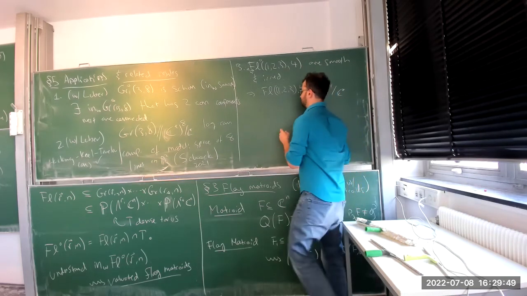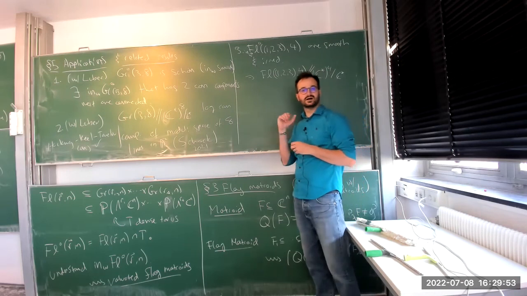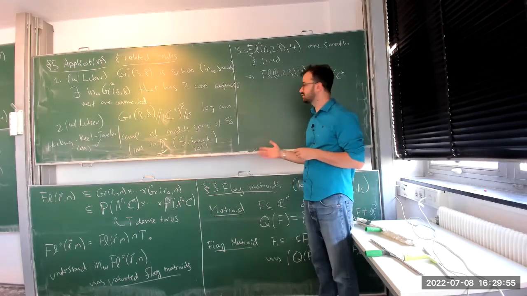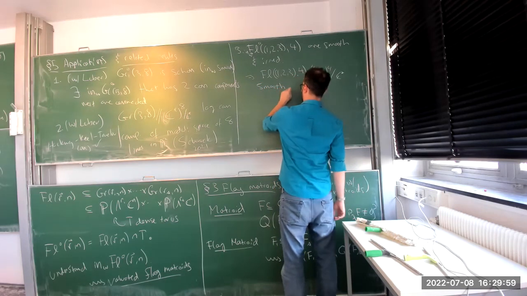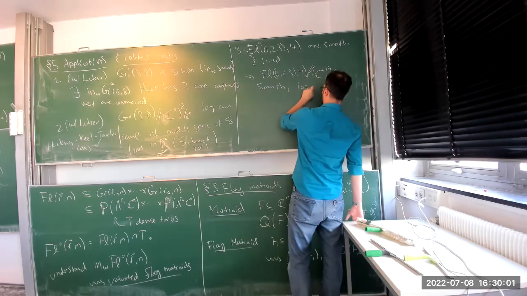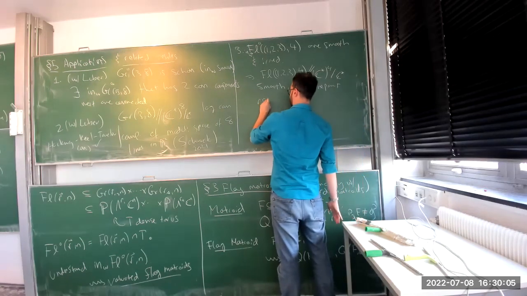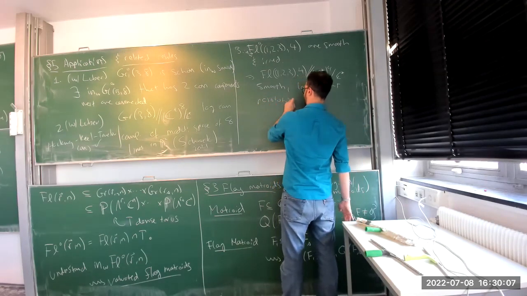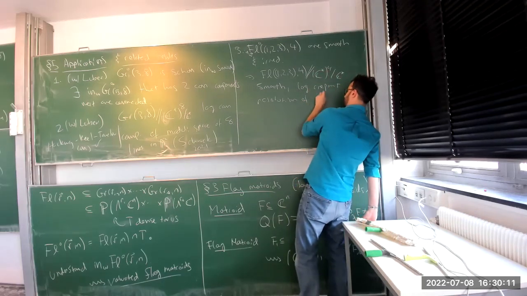It ends up that its log canonical divisor is not ample, but it is at least smooth, and a log crepant resolution of its log canonical model.